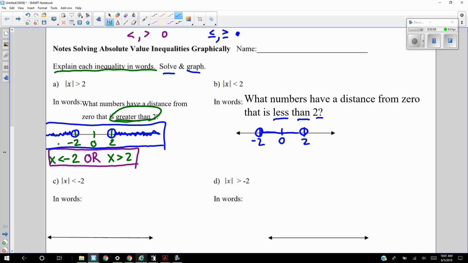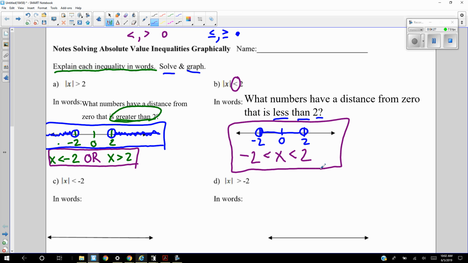That would be a solution here. -1 has a distance of 1 from 0, so it's included in the solution set. So to write this answer, again, we've got an open dot, and that's because there's no or equal to symbol here. Our solutions are all the numbers in between 2 and -2. So that's our entire answer.